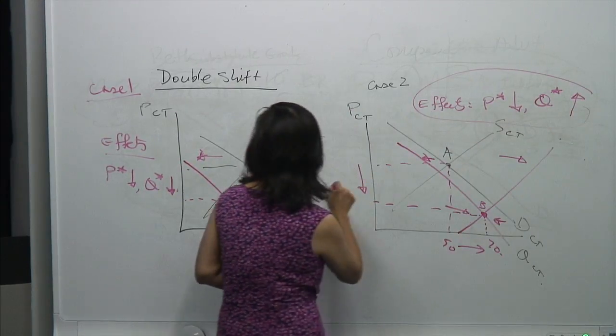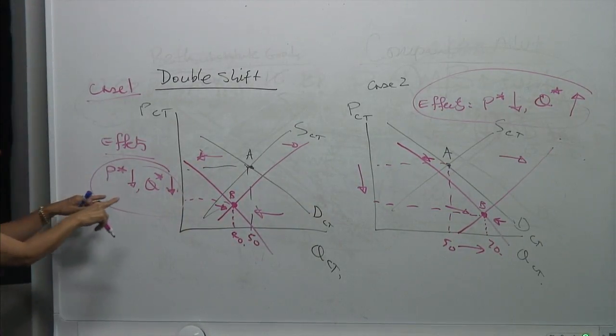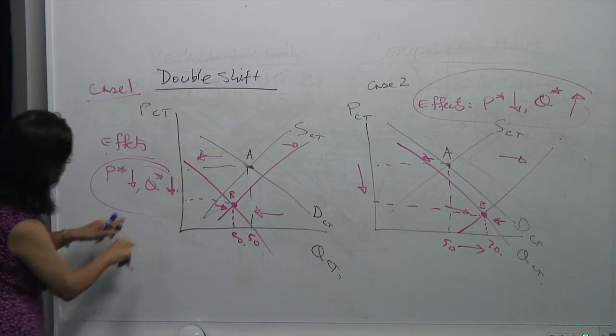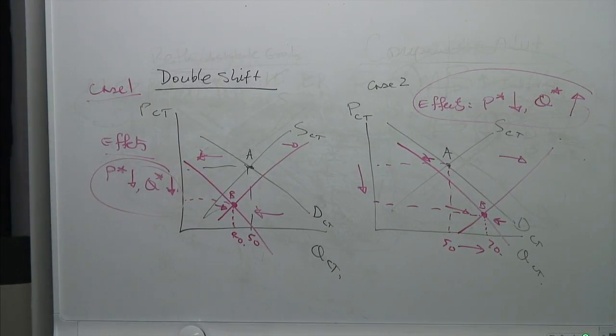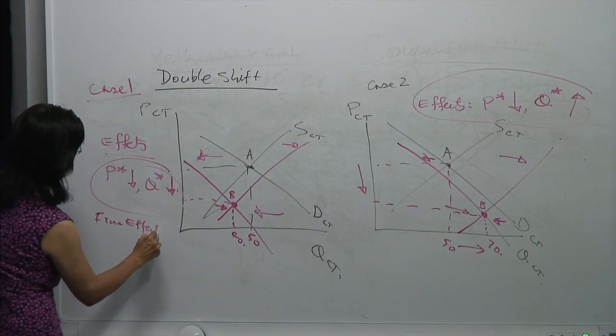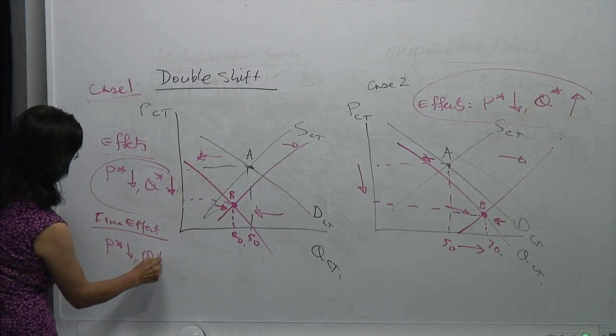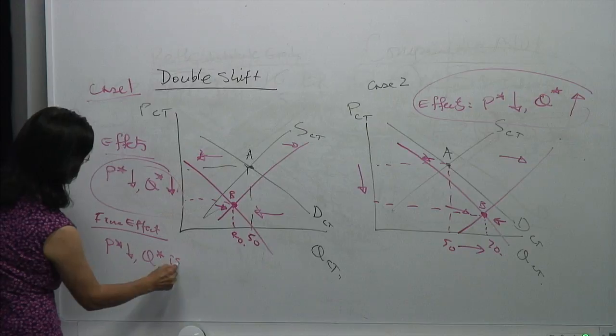So you have 2 situations here in which prices come down, but the equilibrium quantity in one case is down, and in another case is up. So we use this term right here, ambiguous, to describe it. So for the final effects, there should be one more line: the price comes down, the equilibrium quantity is ambiguous.